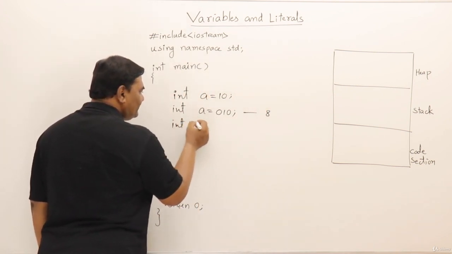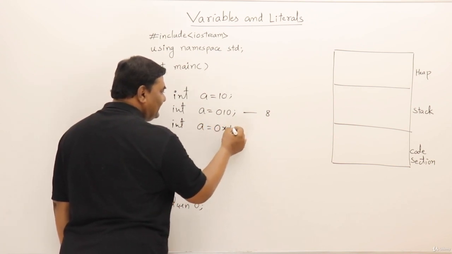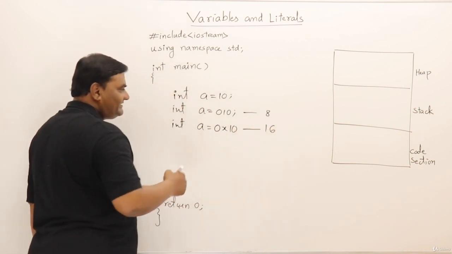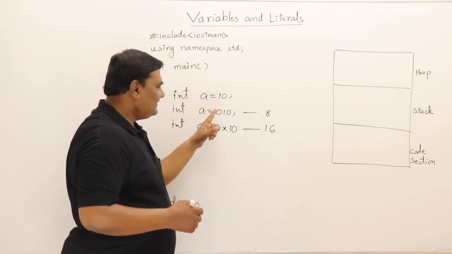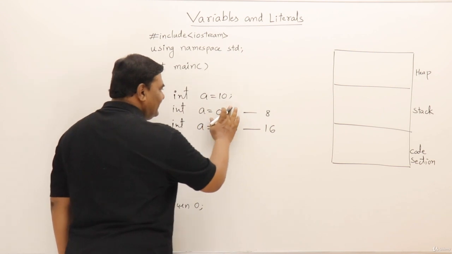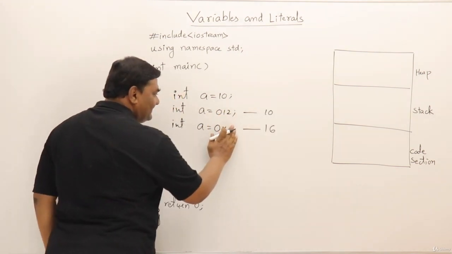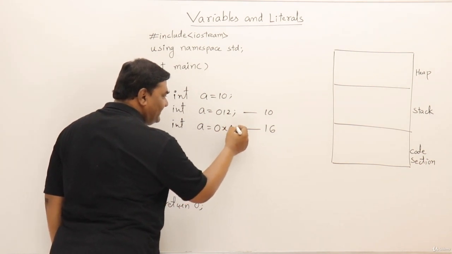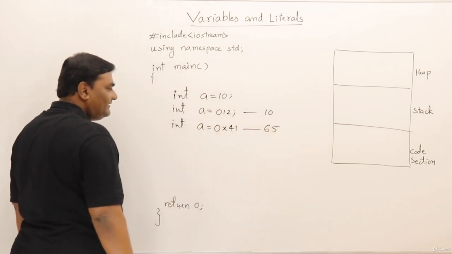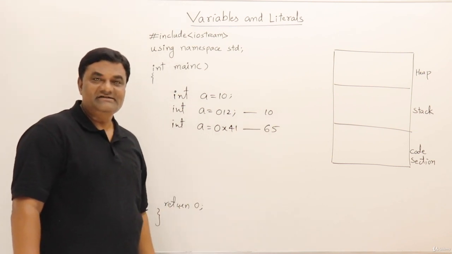Or I can also assign a hexadecimal value, that is 0x10. If I am assigning this, this will be 16 in decimal. This is a decimal number and this is an octal number and this is a hexadecimal number. Instead of 10, if I write 12 in octal, this is 10 in decimal form. Instead of 10 here, if I write 0x41, then this is 65 in decimal form.